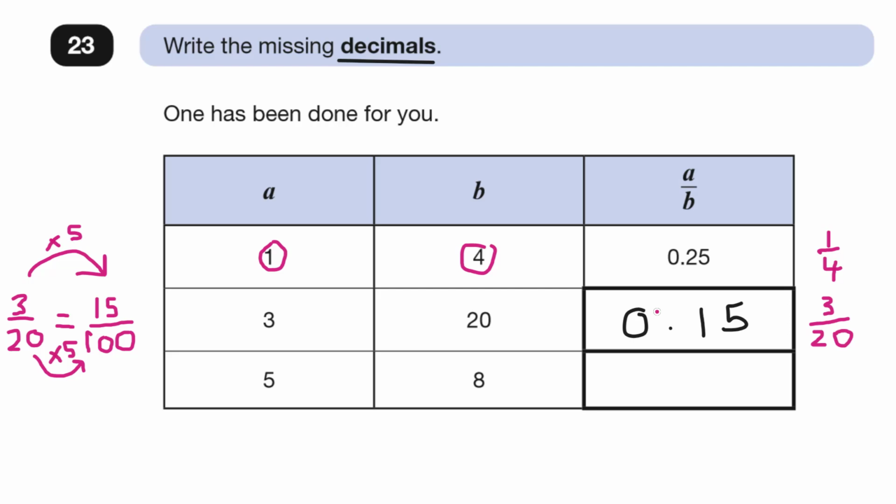So the next one is 5/8. So 5 at the top over 8. This one is not as easy to change to a 10 or a 100. So what we do here is we divide.